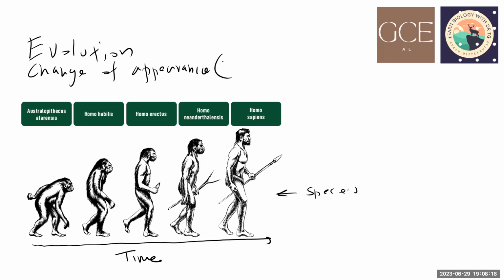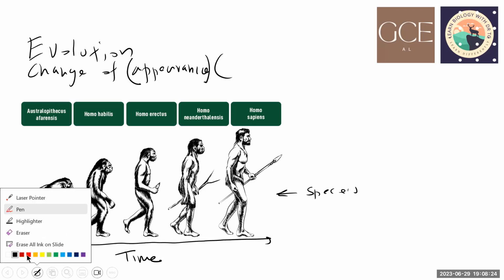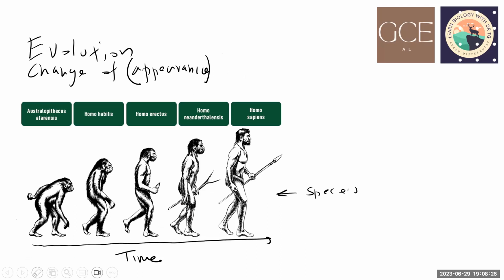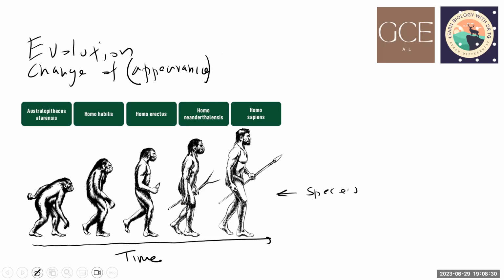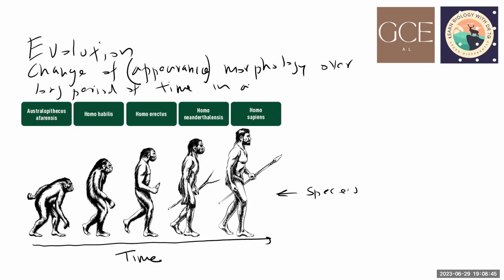In biology, we use another correct term for this one. So appearance is a word that you can understand. We use change of morphology over long period of time in a species.